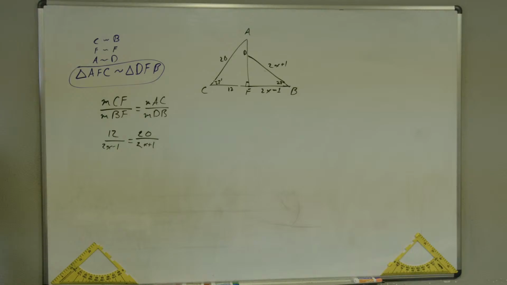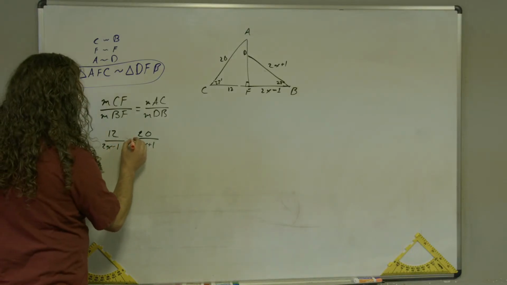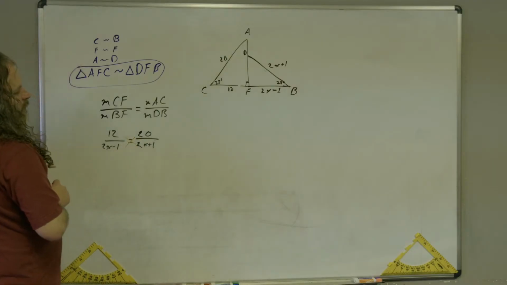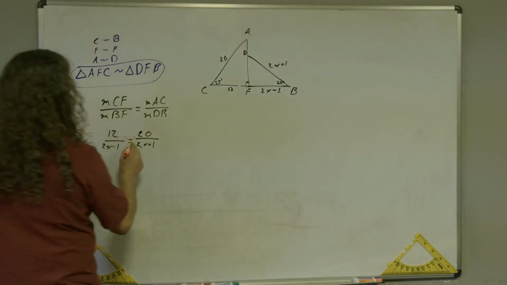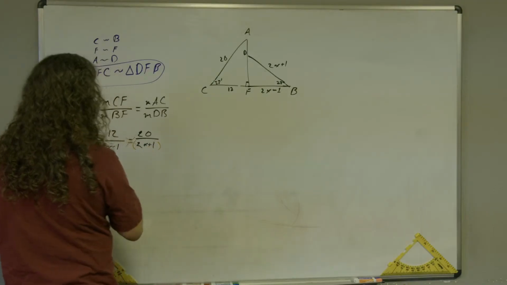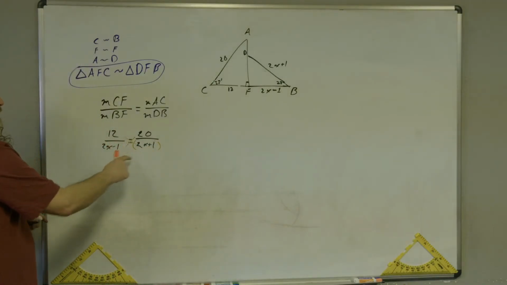What should we do now? Cross multiply. I agree. What do we have to remember when we cross multiply on these? Something muy importante. Yeah, we have to distribute. True, true. So 12 times 2x is what?